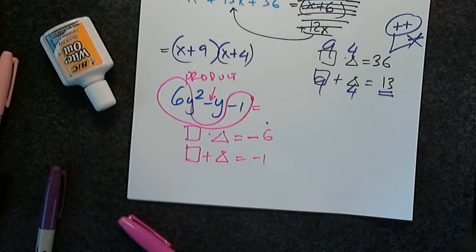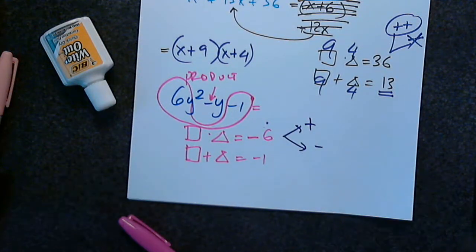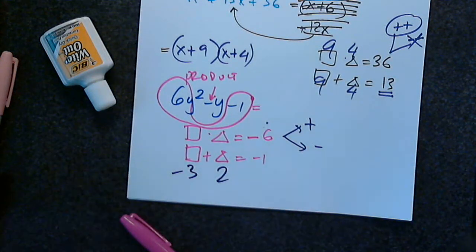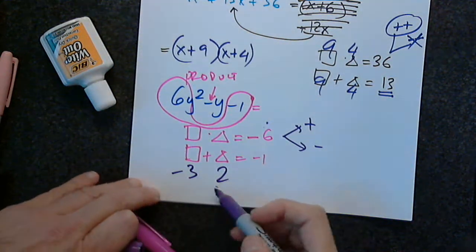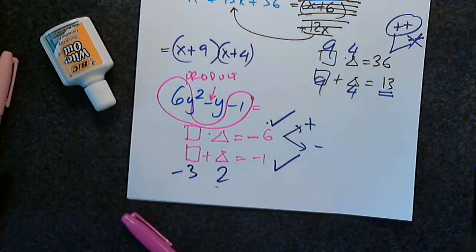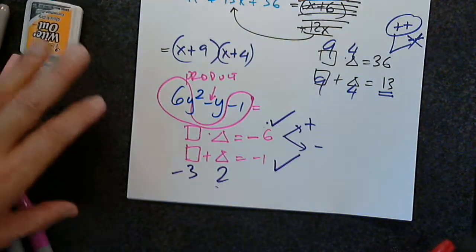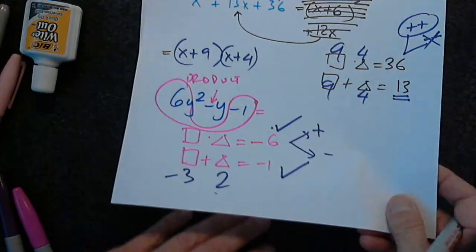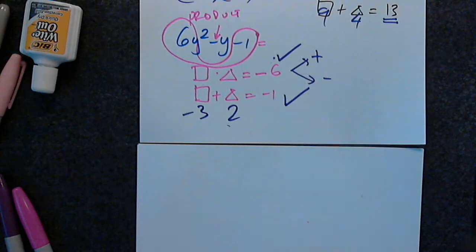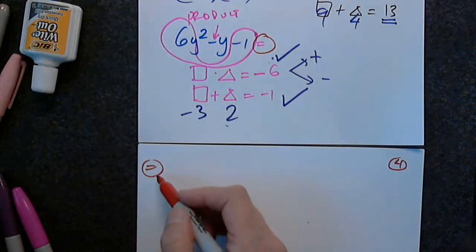So since the product is negative, that's the starting point, right? We are looking for a positive and a negative. Excellent. Negative 3 and 2. Both conditions are fulfilled. The product is negative 6. The sum is negative 1. But now please pay attention to what happens next. And of course, if you know a different method, I fully accept it. I'm going to continue from here.